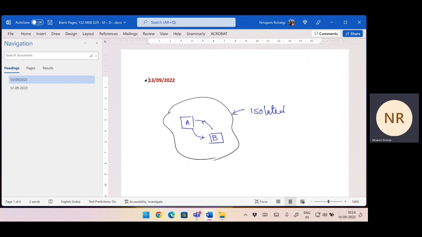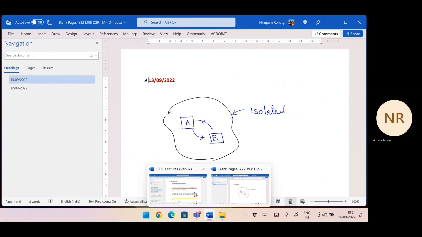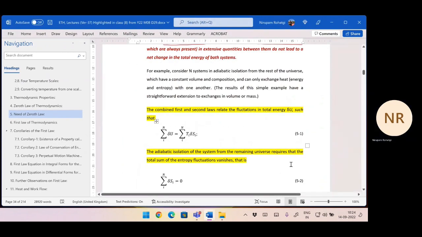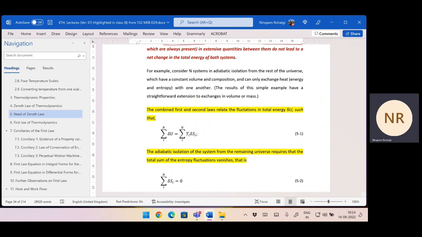Now, when you go mathematically, suppose there is some energy shifting. What will happen if there are n bodies in the system and delta U sigma is the change in total internal energy of the system?